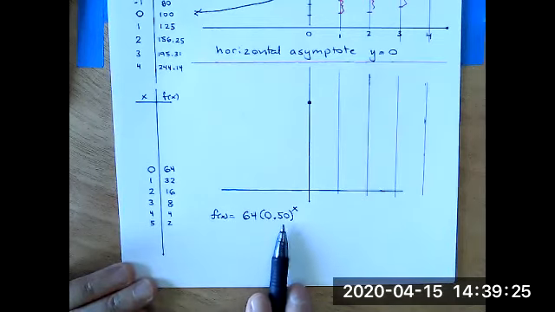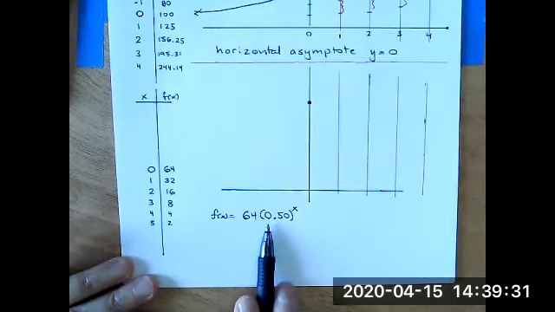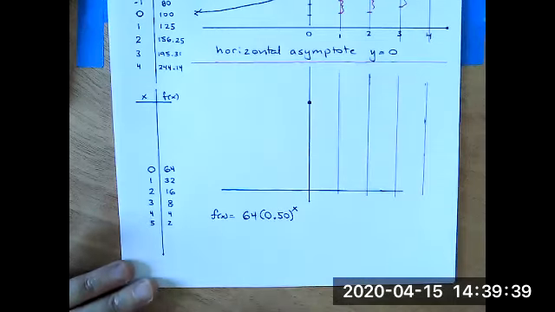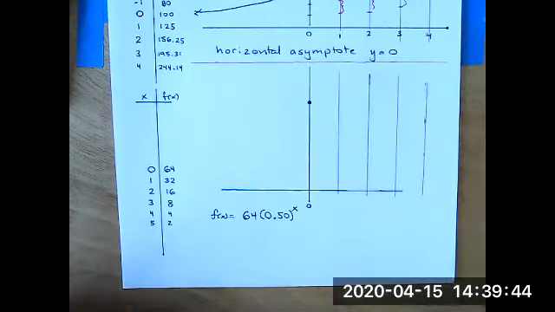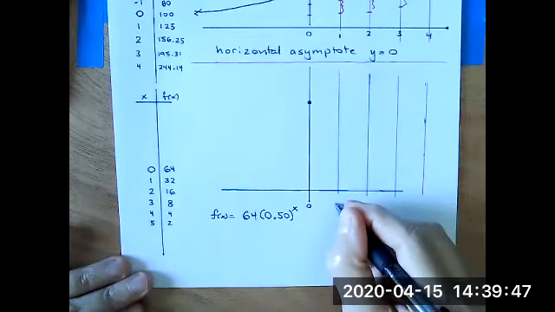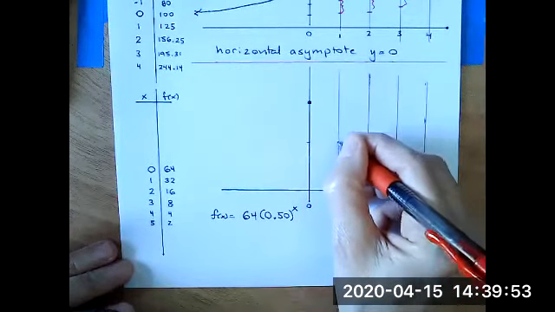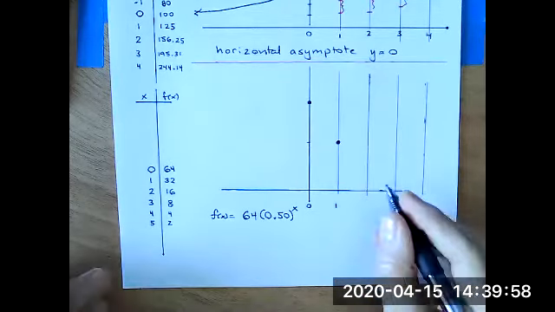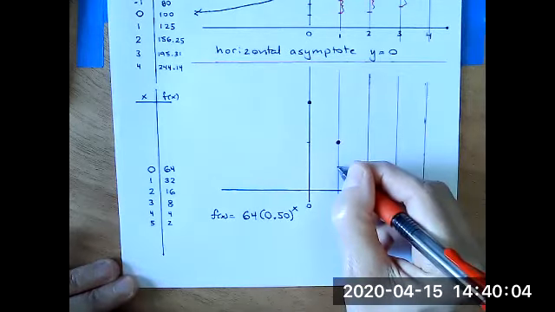Let's look at a decreasing exponential function. The initial value here is 64, and this function decreases by 50% per unit of x. So when x is equal to 0, we have 64. After 1 year, we lose half of the value. After another year, we lose half of the value again.